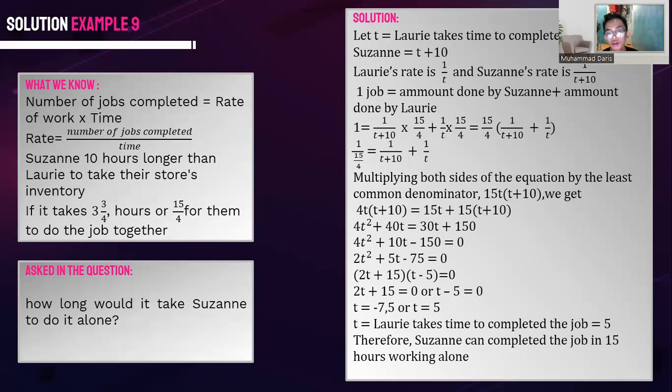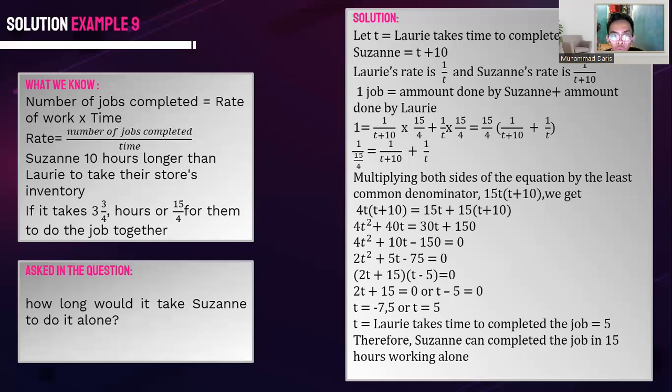We get 4t squared plus 10t minus 150 is equal to 0. And then we can simplify by dividing by 2: 2t squared plus 5t minus 75 is equal to 0.